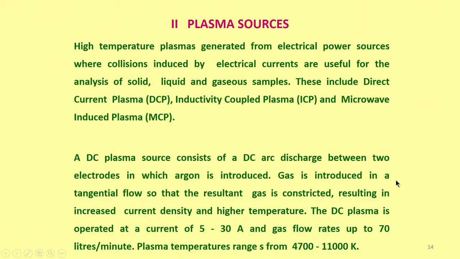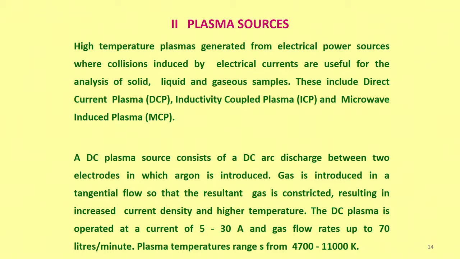So, there are different ways of introducing the plasma. They are known as direct current plasma. I just take DC. You know what is DC? What is AC? AC is where the current goes and then stops and then again starts.